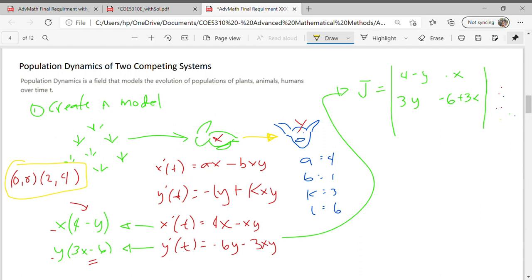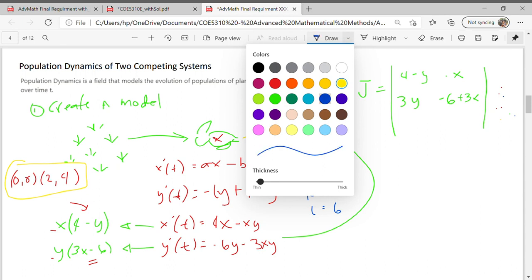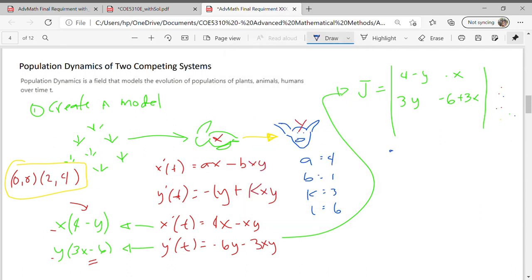Now we will get the eigenvalues for each of these fixed points. At 0, 0, our Jacobian matrix is 4, 0, 0, and negative 6.